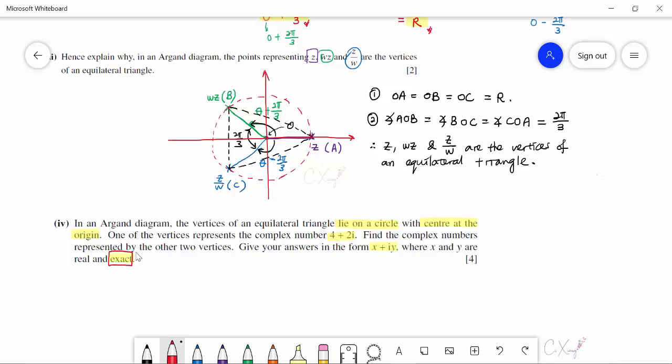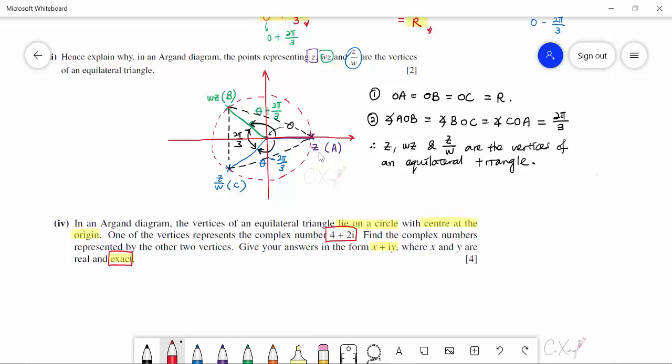Okay, and then they tell you that one of the vertices represents the complex number 4 plus 2i. So for these 3 points, one of the points is actually 4 plus 2i. We have 3 points here in our graph: z, wz, z over w. z should be a complex number, but too bad, just now I didn't know what the value is.